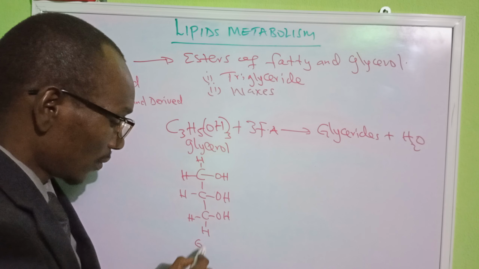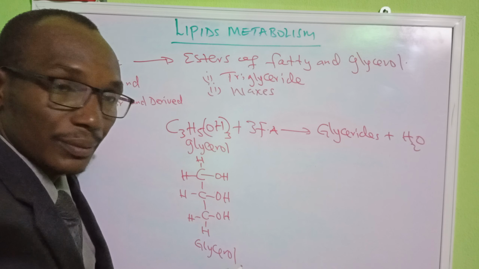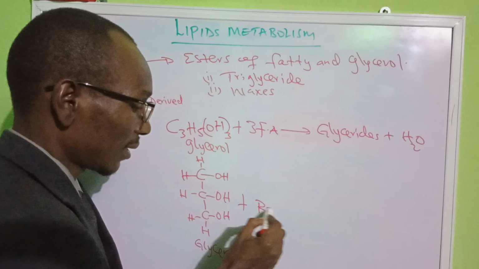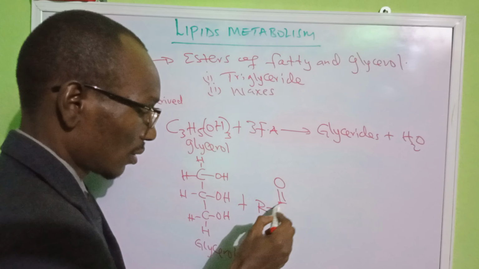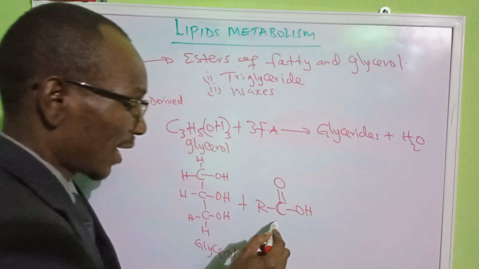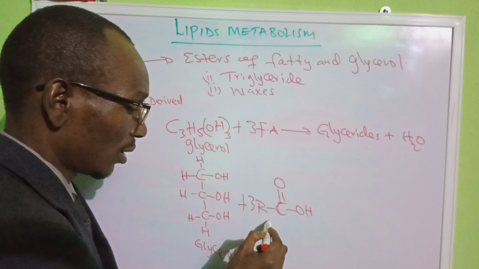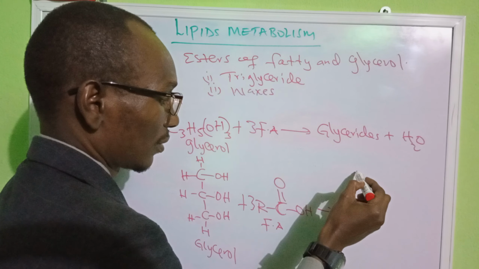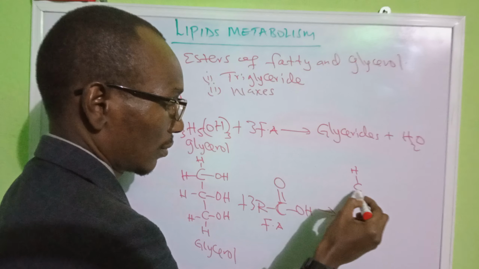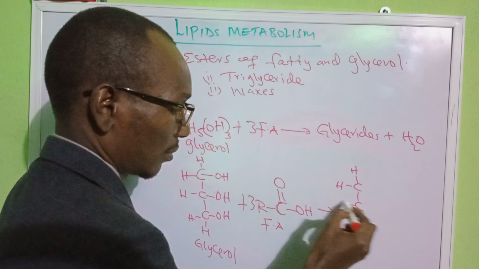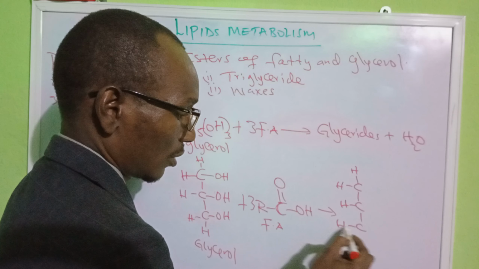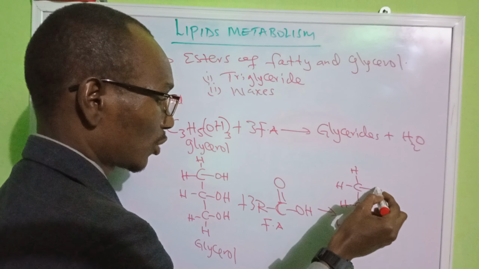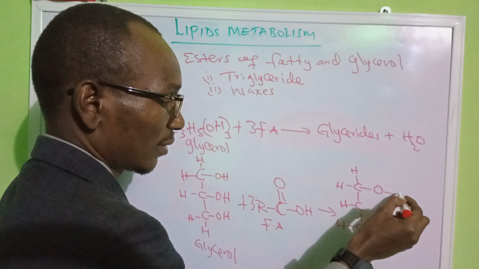This is our glycerol, plus three fatty acids, which can be represented as R with a double bond to the carboxyl functional group of the acid. This is our fatty acid, and three molecules of fatty acid produce this compound. To understand the structure and chemistry of this, you need to reflect back on organic chemistry at the basic level.